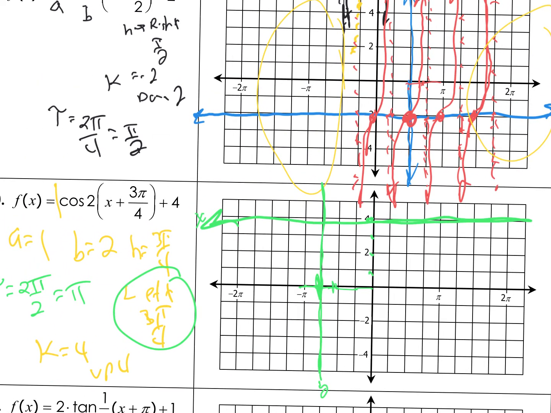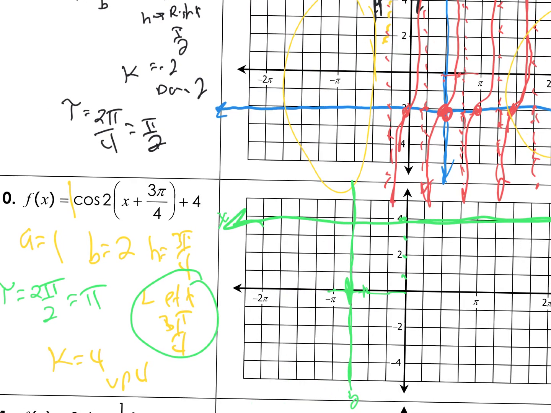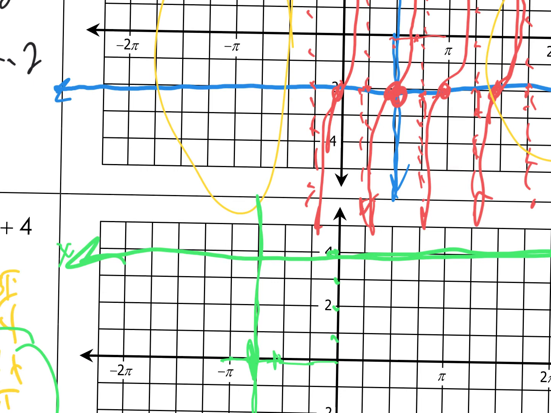because there's not even enough room to do this cosine graph because my amplitude is 2. So I have to go up 2. So 1, 2 means the high is going to be up here, and the low, 1, 2, is down here.